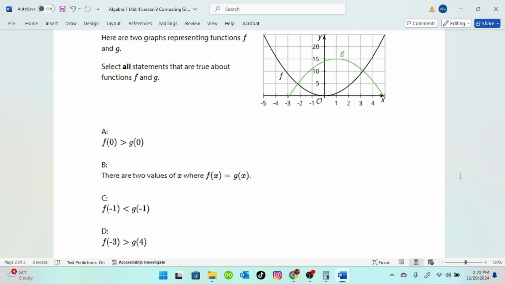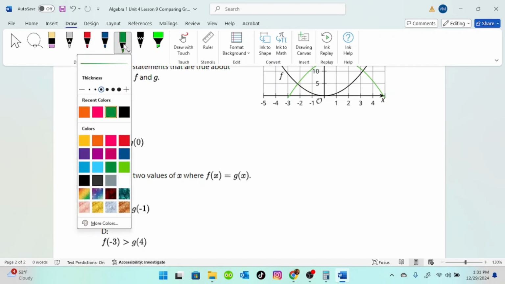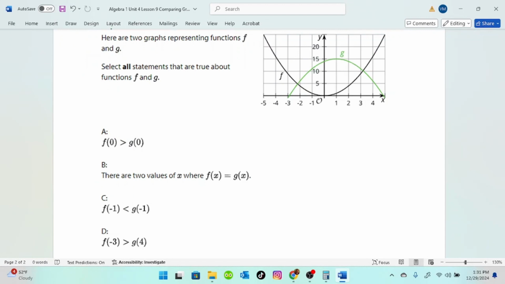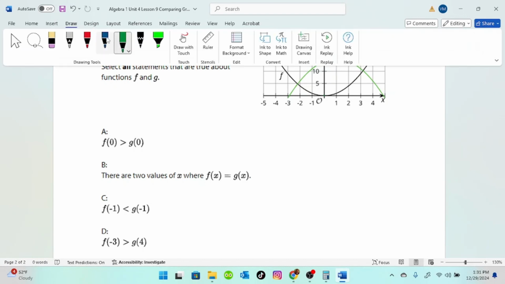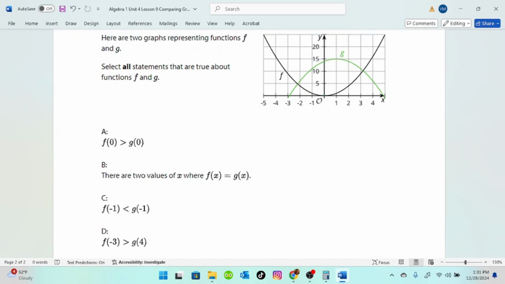So A says that f of 0 is greater than g of 0. Well, f of 0 means the y value when x is 0. And we see that point right down here at the origin.